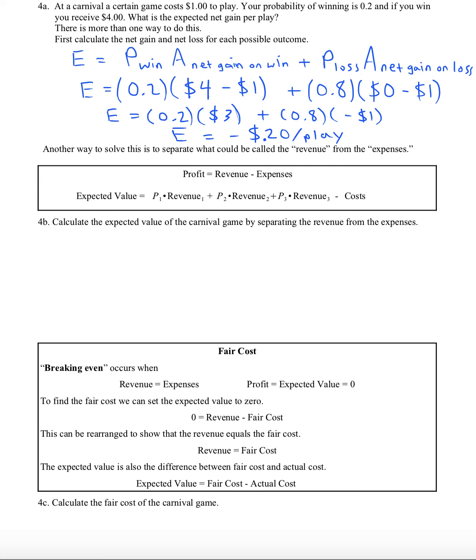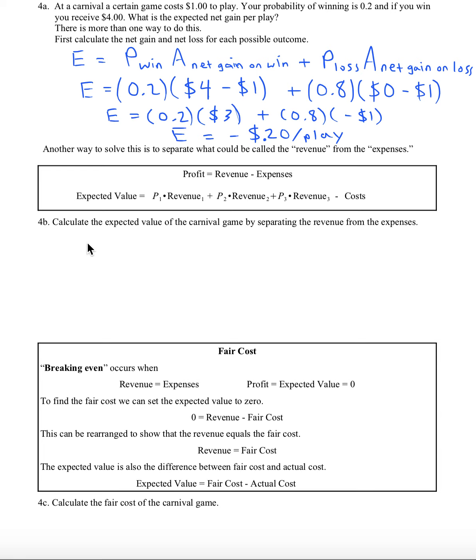Let's see if we can calculate that same expected value, though, using a slightly different method. This is separating the revenue from the expenses. Now, your net profit is always the revenue minus the expenses. Revenue is the money coming in, and the expenses is the money going out.